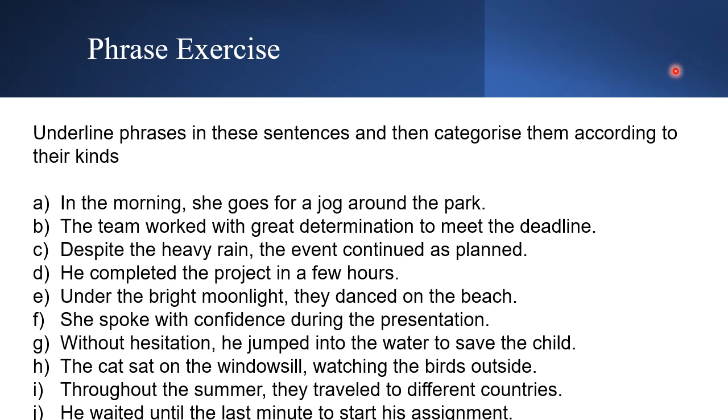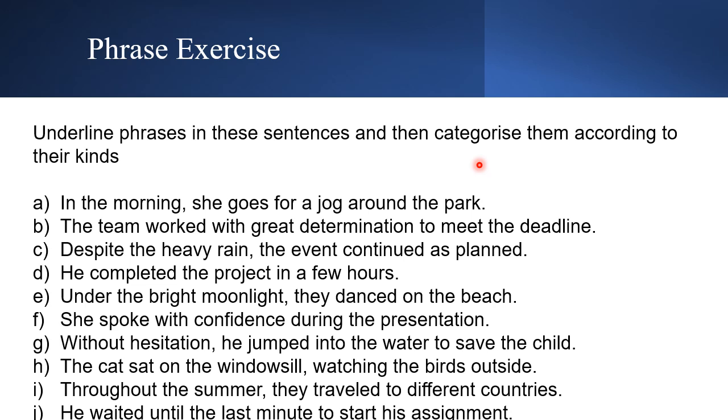Right, here is a small exercise for you. What you have to do now is read these sentences, okay, underline phrases in these sentences, and then categorize them according to their kinds that you have just learned. Okay, for example, read the first sentence, whichever group of words you think is a phrase, underline that, and in the margin or maybe in your notebooks.